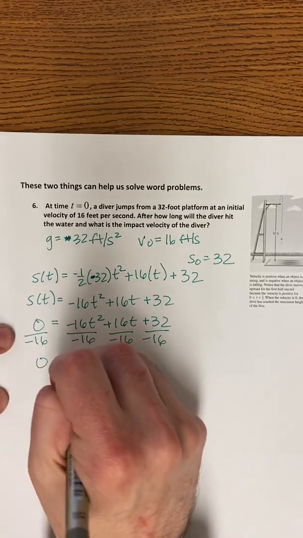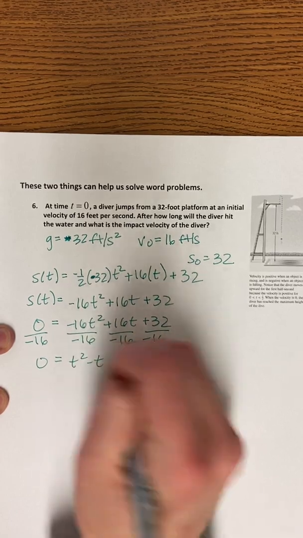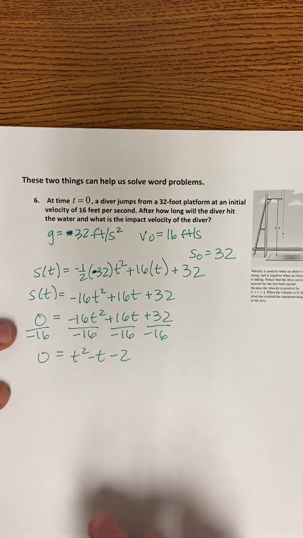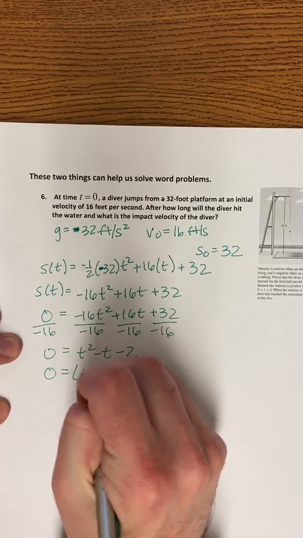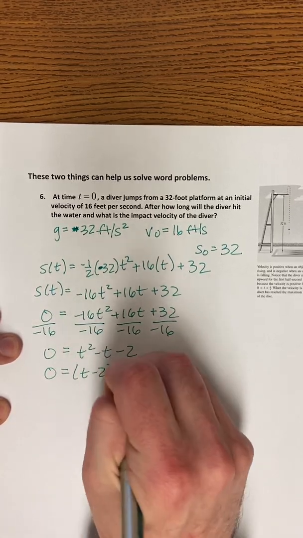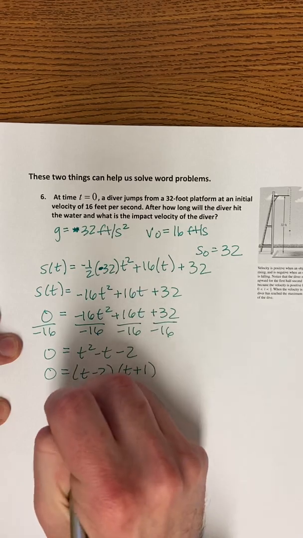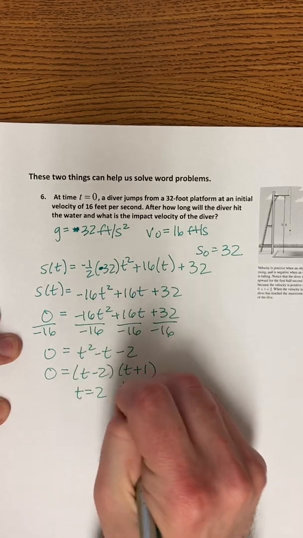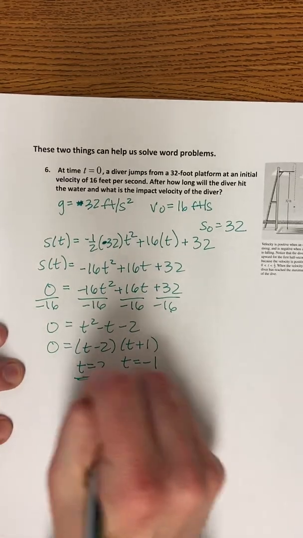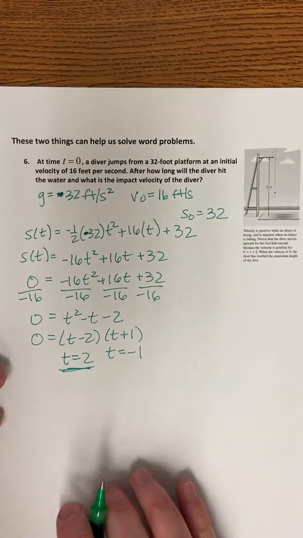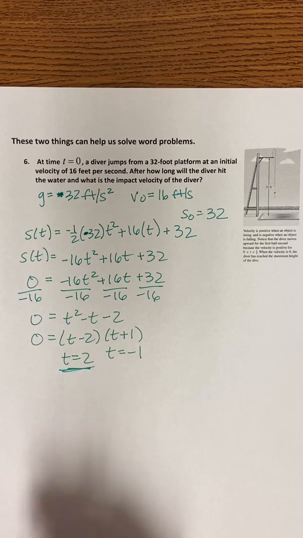So 0 equals t squared minus t minus 2. And this is just a simple factoring problem. 0 equals t minus 2 and t plus 1. So either t equals 2 or t equals negative 1. Only one of these should make sense. Time should be positive. He shouldn't be hitting the water before he launched himself.